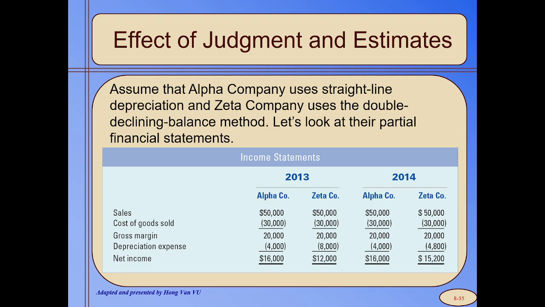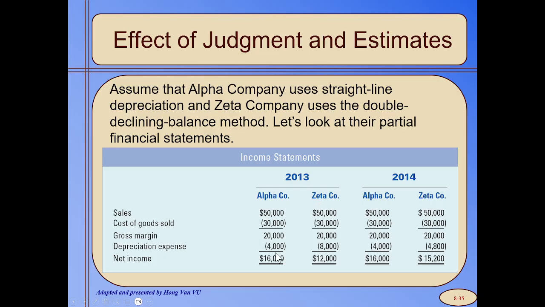When we attempt to compare the financial position and results of operations of two different companies, it is essential that we are aware of any differences in the accounting principles used. In this example, Alpha company uses straight line depreciation and Zeta uses the double declining balance method of depreciation.